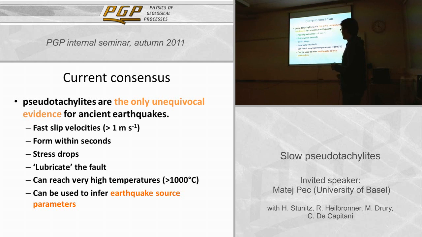Now this is more discussed, but it's very commonly assumed that the pseudotachylites lubricate the fault and can reach very high temperatures, because we observe the melting of quartz, for example, which in a matter of seconds should be a disequilibrium process. They can also be used to infer earthquake source parameters.